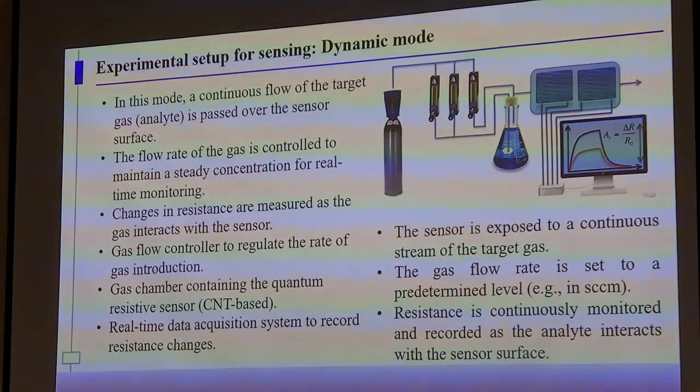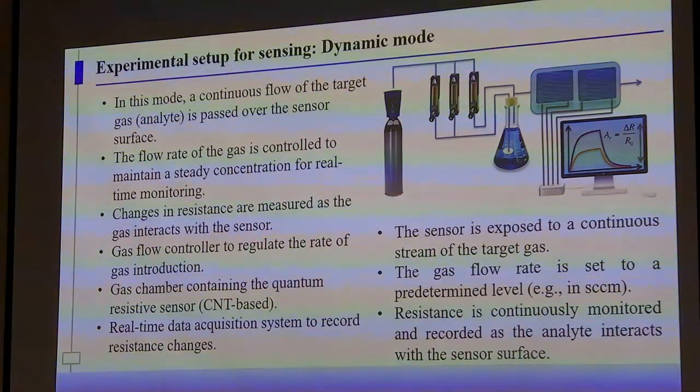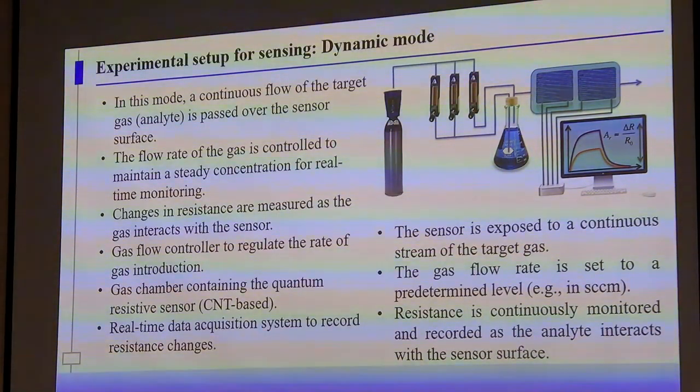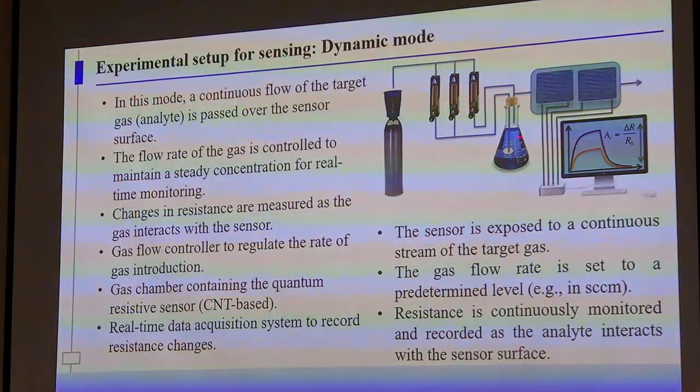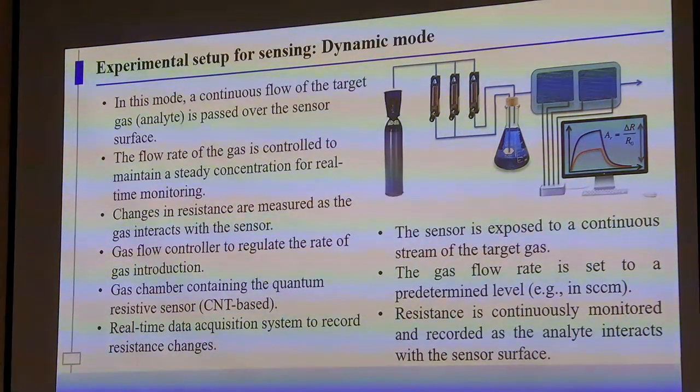So here is a very simple experimental setup. When we want to analyze a quantum resistive chemical sensor for sensing, the first one, very basic, is a simple dynamic mode. In dynamic mode, you can have a gas flow into a container. The container may have, for example, alcohol, chloroform, or any type of analyte, am I right? And then the analyte will come to the electrode.